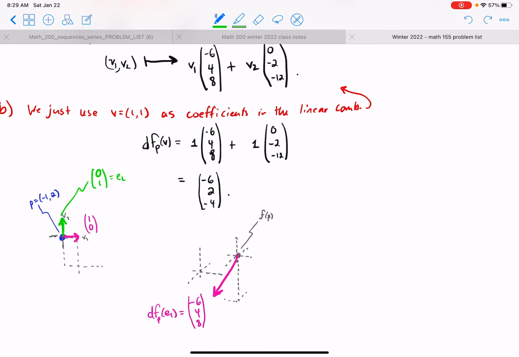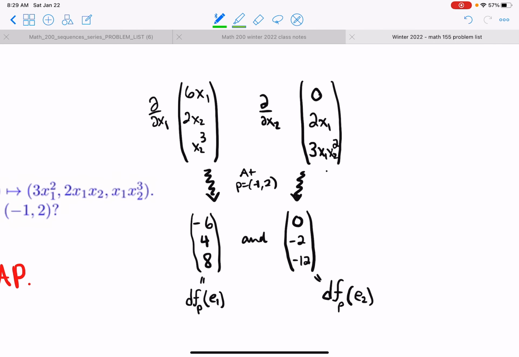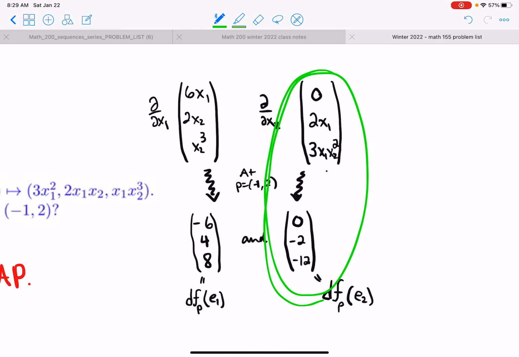And that goes somewhere. Notice this is deliberately not 90 degrees. This was 90 degrees here, but it may not be over here. DFP applied to E2 is just that second vector.